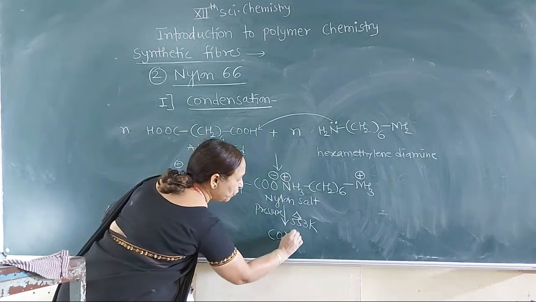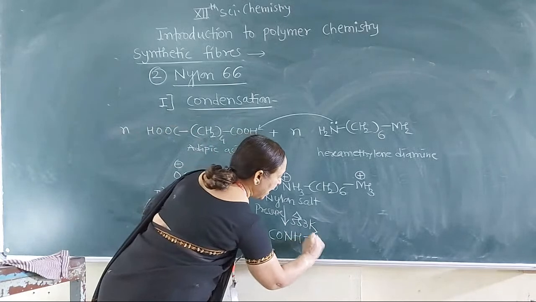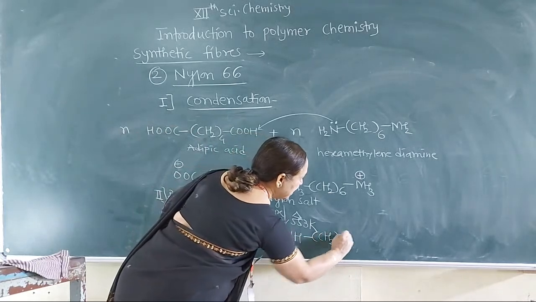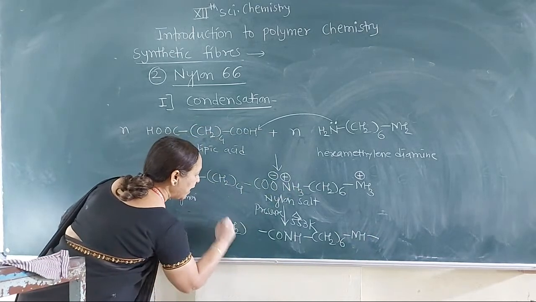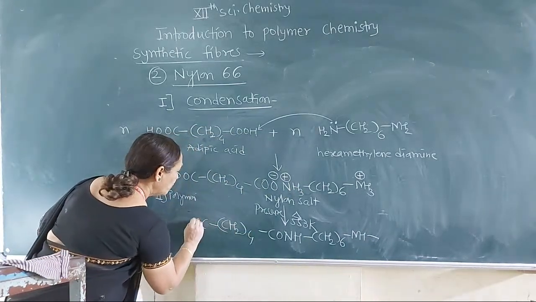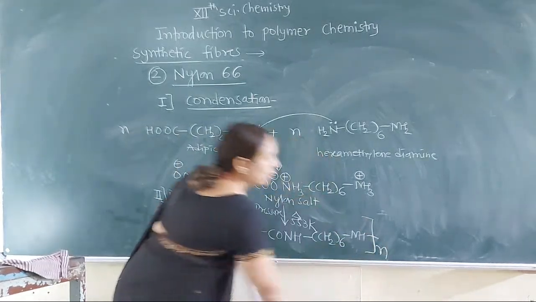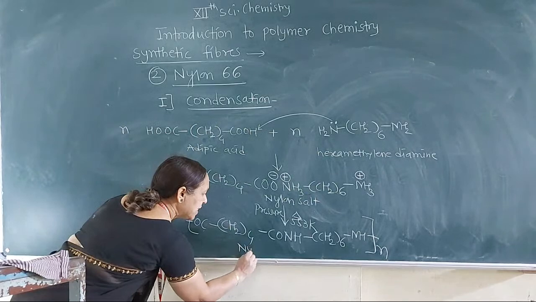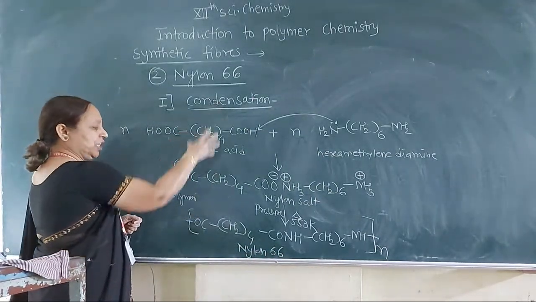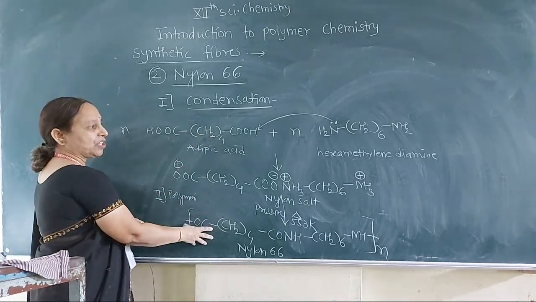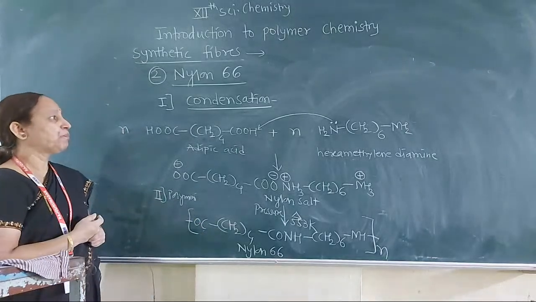Thus two molecules are joined through the peptide linkage CONH, and the remaining molecule is as it is, NH on this side, CH2 4 times, CO, and thus polymer of nylon 66 is formed. Thus condensation is followed by polymerization, and the preparation of nylon 66 takes place.